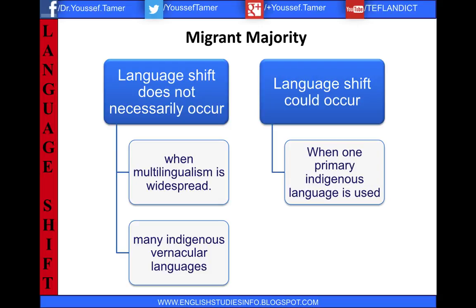So in this kind of context, where you have colonization, you can have these two kinds of scenarios. Either language shift could occur if one primary indigenous language is used, or language shift does not necessarily occur when we have some kind of multilingualism and many indigenous vernacular dialects being used.